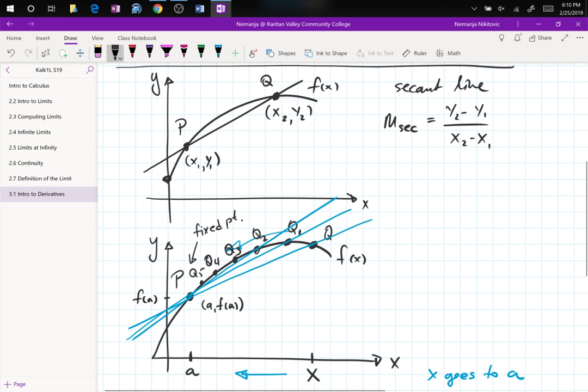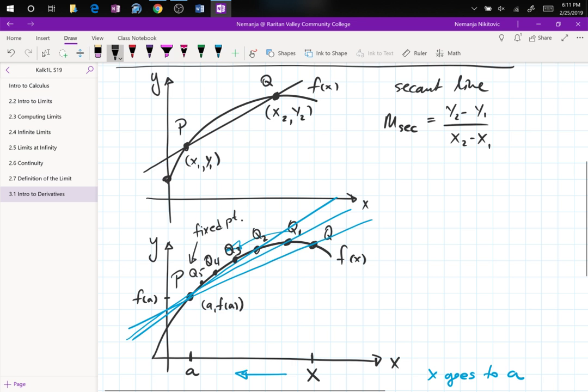Those are just instances in time, because Q is moving, and every time there are new coordinates x and y for Q, and you can use those to calculate it.